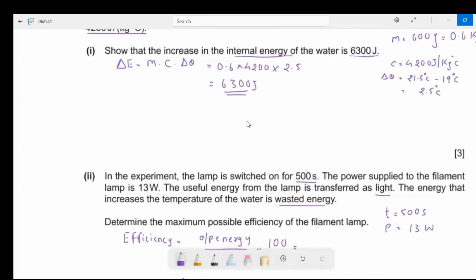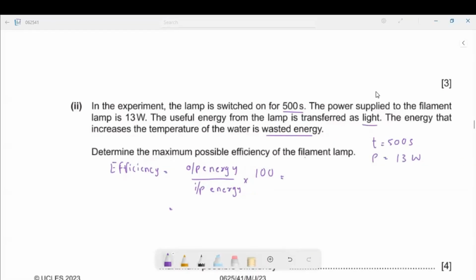To find the total energy for 500 seconds, E can be written as P into T. So here P is 13 watt into time is 500 seconds. After multiplying, we'll be getting the answer 6,500 joules. So this is the energy for 500 seconds.